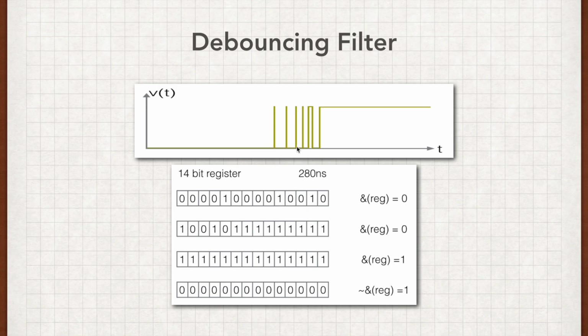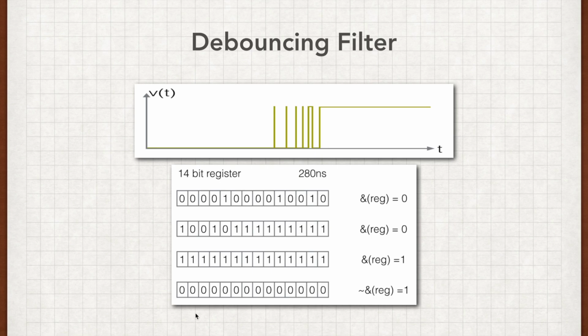We ANDed all this together, and there's a couple of 1s, but it's not fully 1, right? With the next one, it's getting closer. There's a bunch more 1s, but it's still not fully 1. This is the signal as it shifts in. There's still some zeros in. There's still some zeros in. This next one is all 1s, which is when we get to this point here on the wave. And if it's all 1s, when you do an AND on it, it'll equal 1.